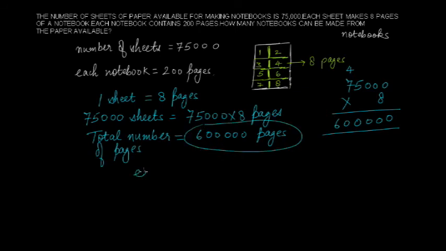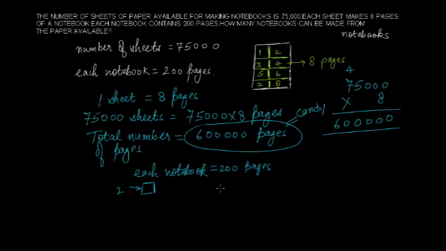Now each notebook will have 200 pages. Same thing. This is candy. You have 6 lakh candies. Each notebook will have 200 pages. That means equate this with that situation where each box will have 2 candies.